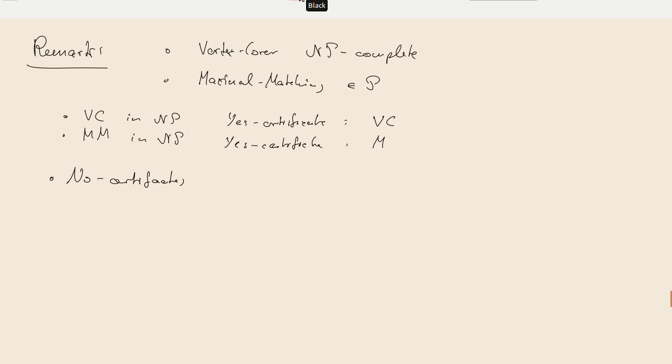And well, if we look at bipartite graphs, you can actually show that the size of the maximal matching always equals the size of the minimal vertex cover.